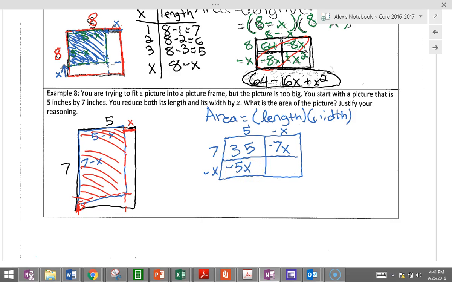And negative x times a negative x is a positive x squared, because a negative times a negative is a positive. I do have like terms here, so make sure you combine those. So I have 35 minus 12x plus x squared. That's the expression for the area of this rectangle.